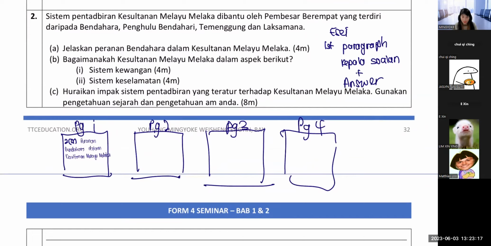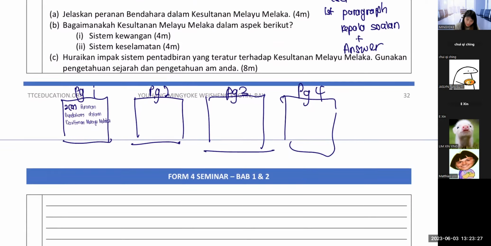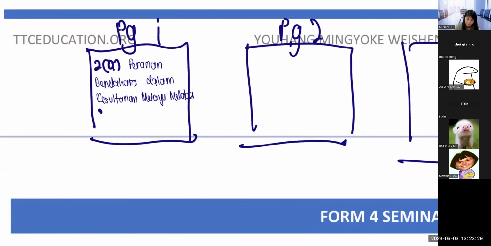Any question? So when you start your answer, for example, how do you start? You can say, okay, peranan bendahara dalam Kesultanan Melayu Melaka adalah, or sebagai, directly, sebagai ketua pentadbir. 1 mark already. Then you can full stop.